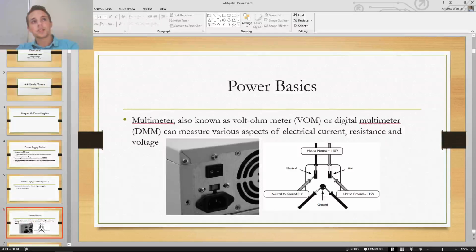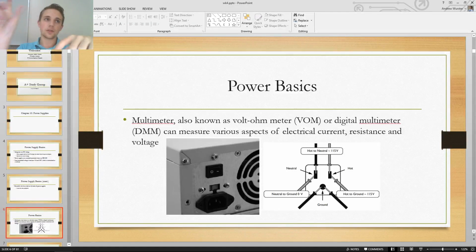And then there's just a quick little blurb in the chapter about kind of testing your electrical circuits using multimeters. All you really have to know is that the larger socket is neutral, the circular socket is ground, and the smallest one is hot or 115 volts.